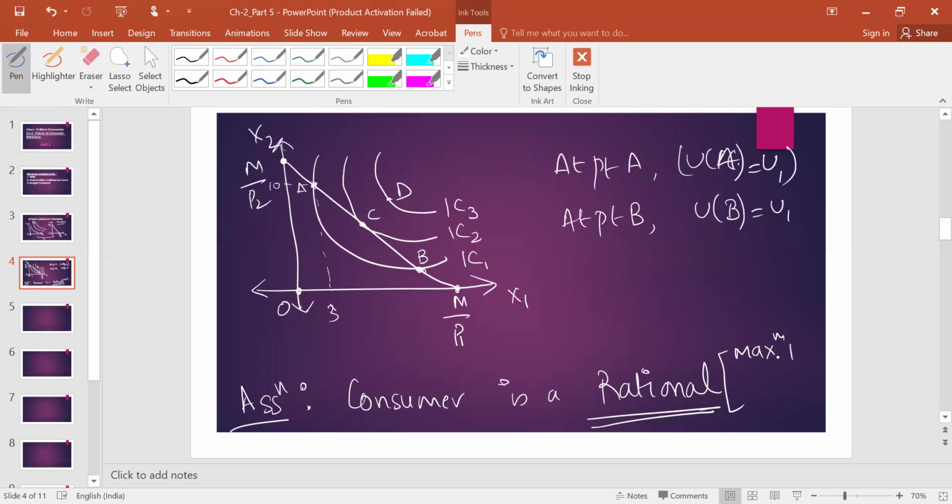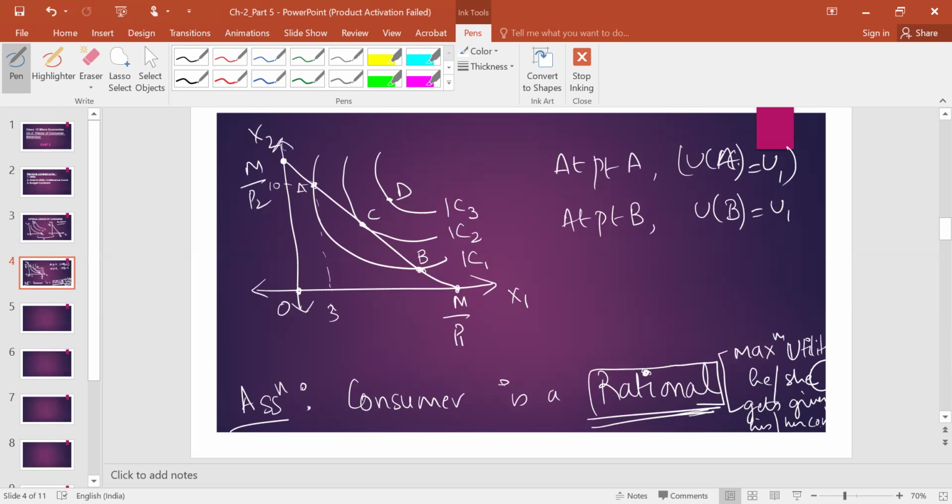He gets the maximum utility given his or her constraint. So he is rational, and he would like to move to the highest indifference curve he can.